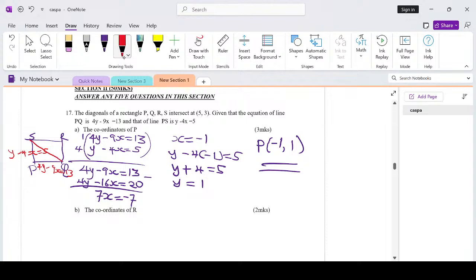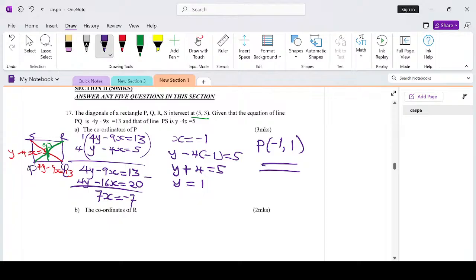Sorry, let me use a different ink. Those are our diagonals, learners. The point where they meet here is the point (5, 3).